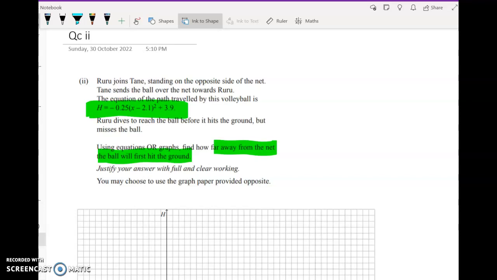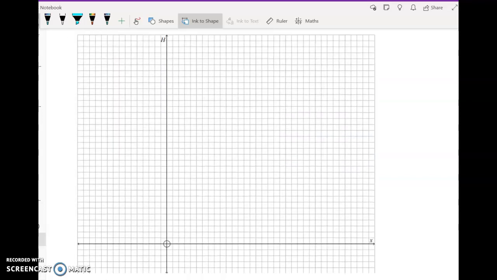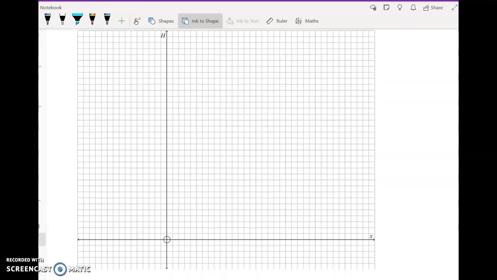Let's look at what's going on. What are we trying to do? Well, we had in our first graph Tane here, but this time we know that Ruru is over here somewhere. And he's going to miss the ball, right?